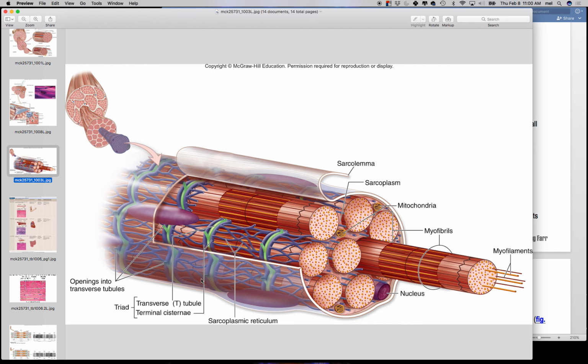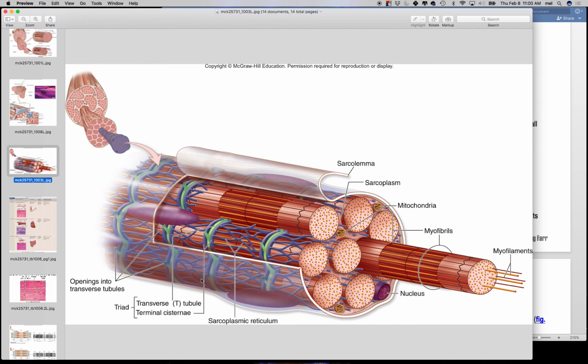Also in the sarcoplasm, but not drawn in this picture, are two things. There is glycogen. Glycogen is how mammals store what? Glucose. So we're starting to get a story here because we've got mitochondria and we've got stored glucose. Also inside there, but not drawn, is a protein called myoglobin.